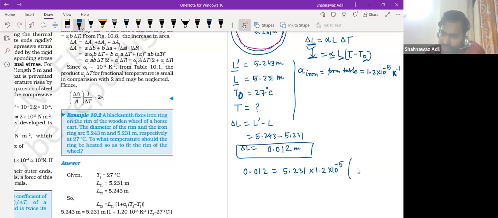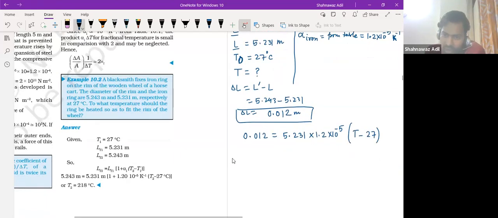So this is 0.012 divided by 5.231 into 1.2 into 10 to the power minus 5. If we cancel this thing out, this 12 cancels, and this is equal to T minus 27.